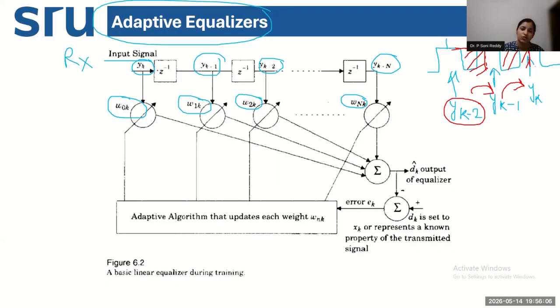That means yk, yk minus 1, yk minus 2 and yk minus n are each of the symbols in the transmitted signal. So this is my first transmitted signal, this is the next, and this is the current one. Each of these is multiplied with a constant coefficient factor here. These coefficients are being generated using one algorithm.